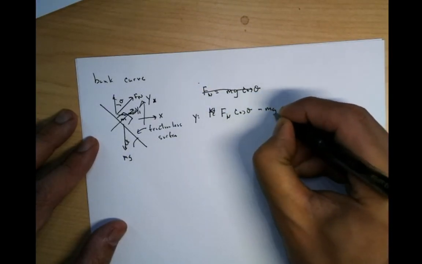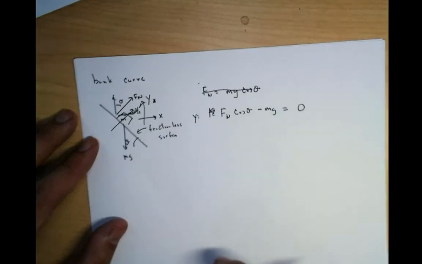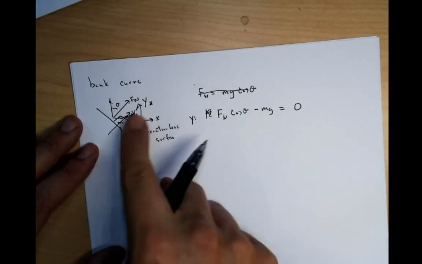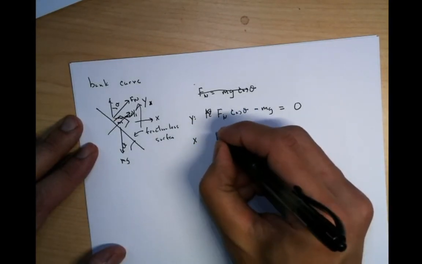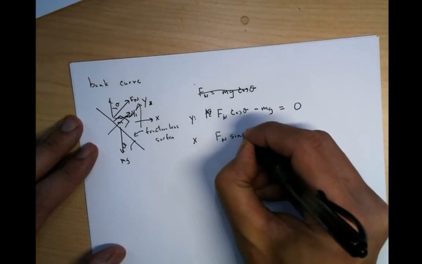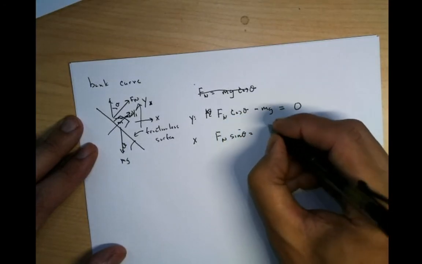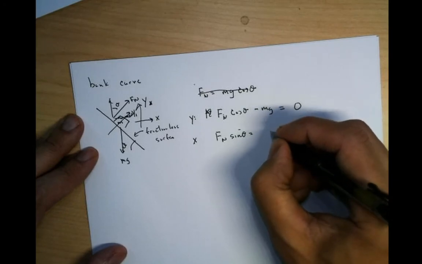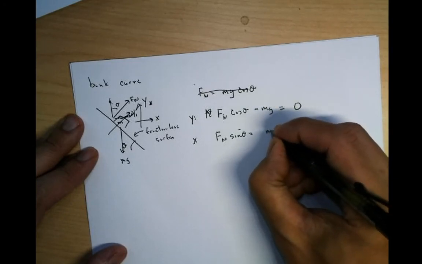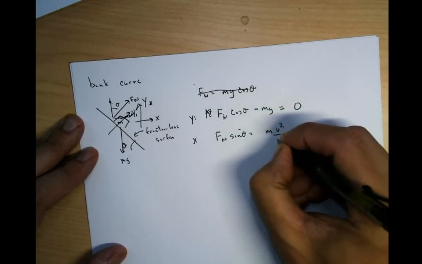Minus mg. This is equal to 0. All right, because this thing better not be sliding up and down. And in the x direction, the normal force times the sine of theta. That just should be equal to basically the centrifugal acceleration, which is m v squared over r.